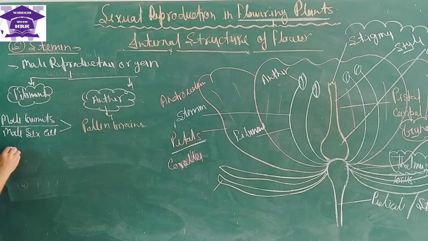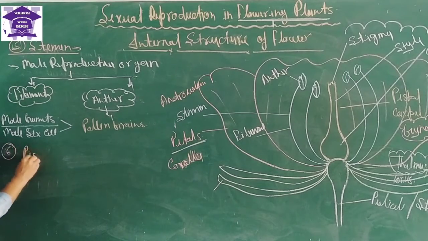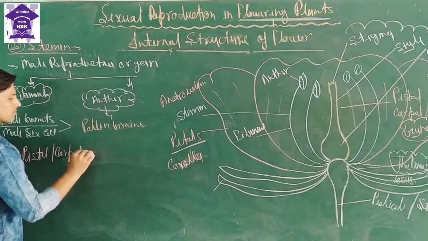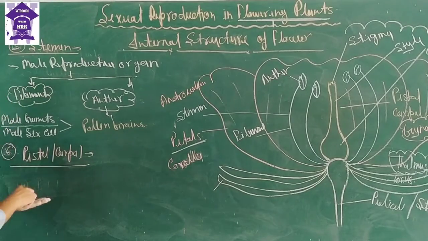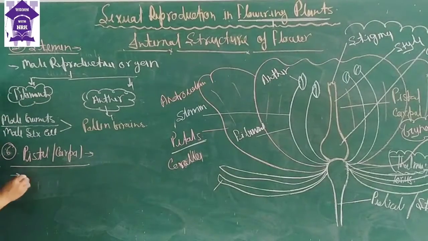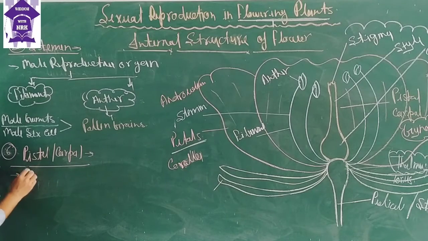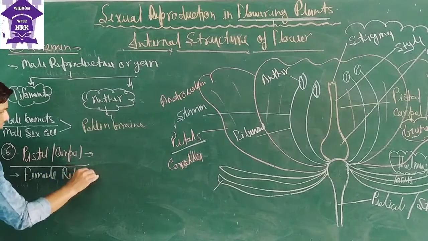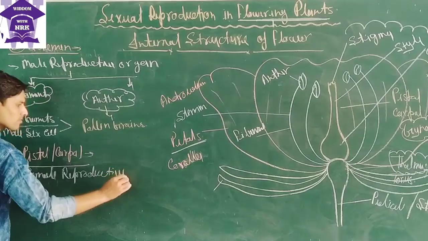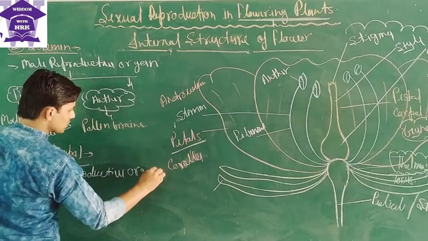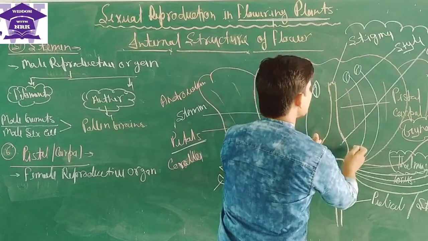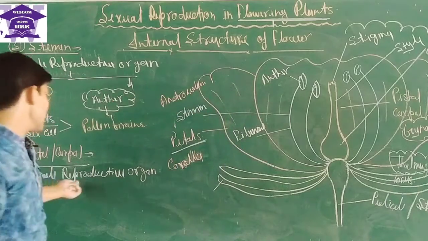Just now we will reach the next unit, that is pistil or carpel. बच्चों अगर हम पिस्टल और कार्पल के बारे में बात करें तो फर्स्ट पॉइंट इज देयर, दिस इज द फीमेल रिप्रोडक्टिव ऑर्गन ऑफ फ्लावर. This full structure is known as the female reproductive organ.